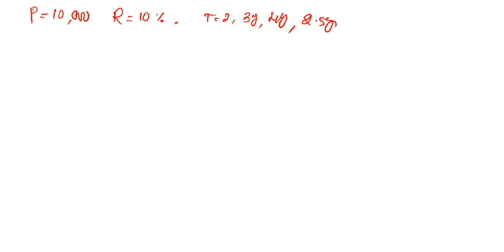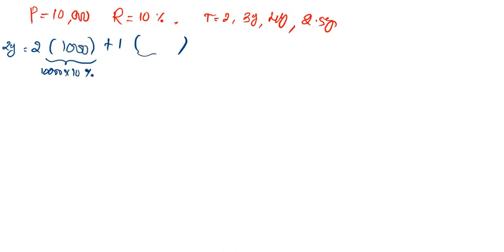Now let's start with 2 years. That is 2 into box plus 1 into box. This box is 10,000 of 10%, which is 1000. 1000 of 10% is 100. So your compound interest is 2100.